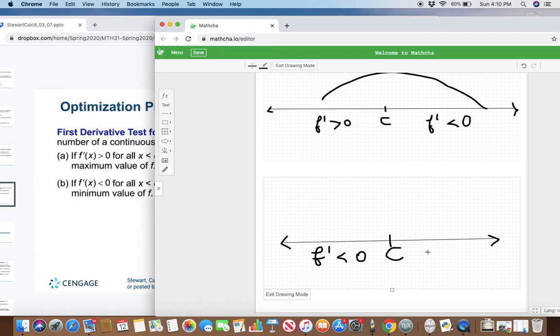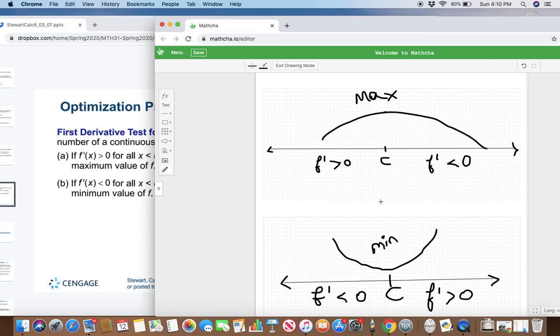To the right of c, my f prime is greater than 0. Then what's happening? To the left of c, I'm decreasing, and to the right of c, I'm increasing. So this gives me a minimum. All right. So this is the first derivative test.